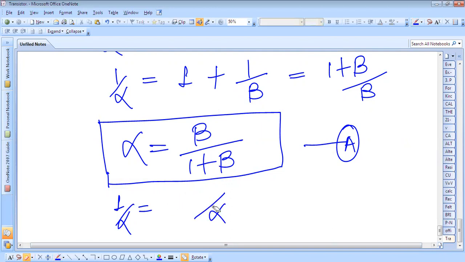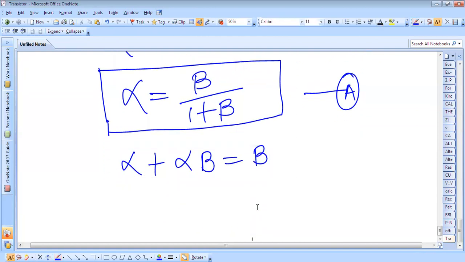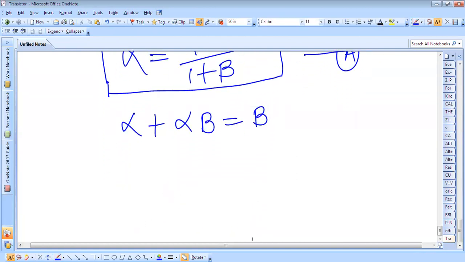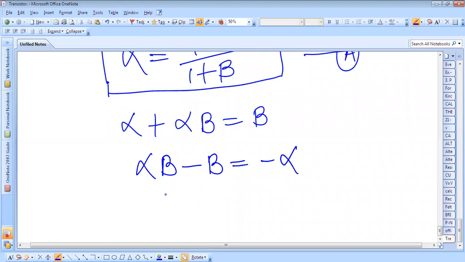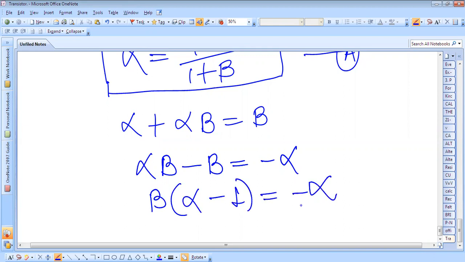So beta alpha plus alpha is equal to beta, and here we take beta on this side, minus beta is equal to minus alpha. So here we can take beta common, alpha minus 1 is equal to minus alpha.